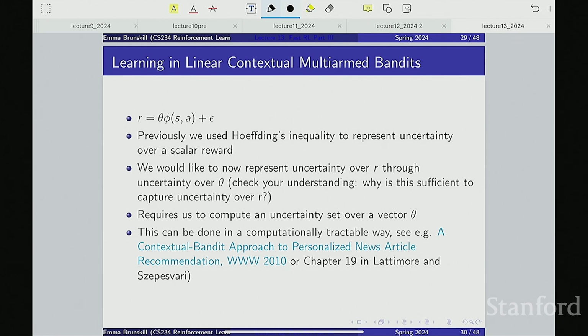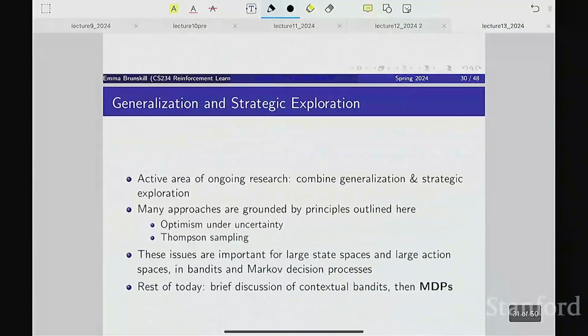Okay, and you can do this in a computationally tractable way. And what this means is it gives us a principled way to get an upper confidence bound on the reward function, given that we have uncertainty over linear model. And this was shown to be very useful for news article recommendations about 14 years ago. And you can also look at chapter 19. So these are really useful. This is one way to sort of represent a contextual bandit setting when you want to handle generalization.